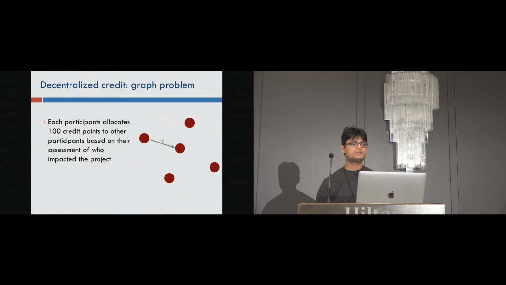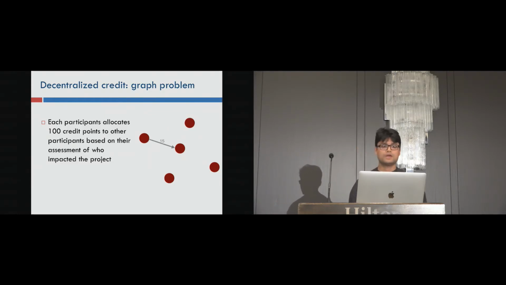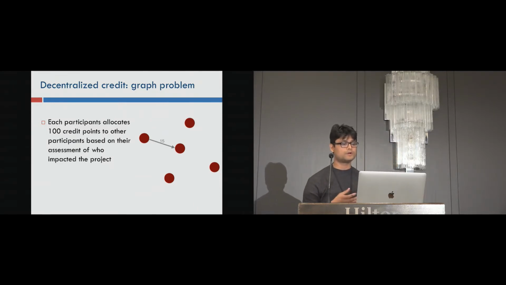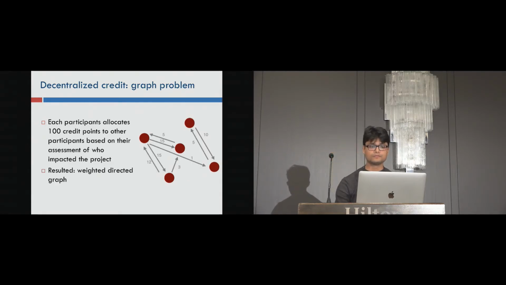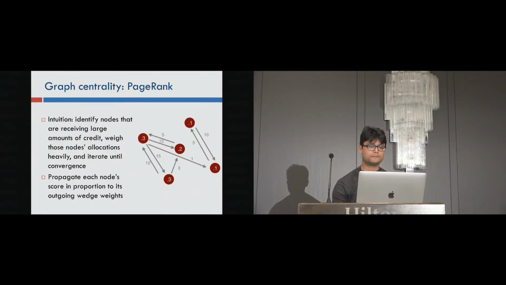So we turned this whole credit argument into a graph problem, where each participant allocates 100 credit points to other participants based on their assessment of who impacted the project. The nodes here are the people who were participating, and the 15 is the score being sent. This resulted in a weighted directed graph.